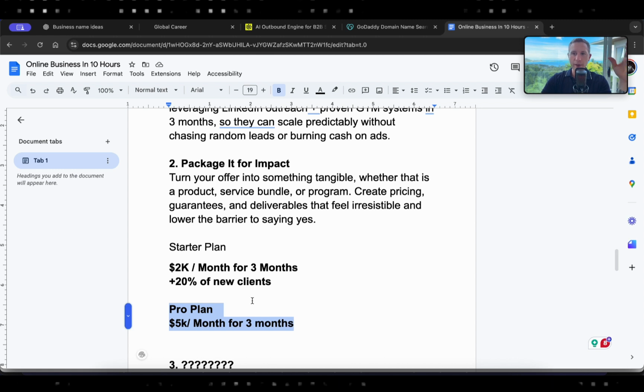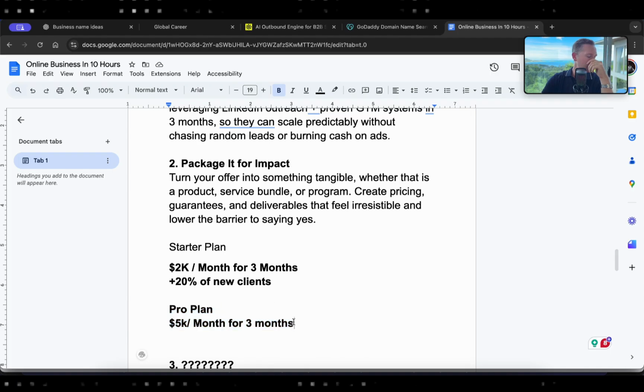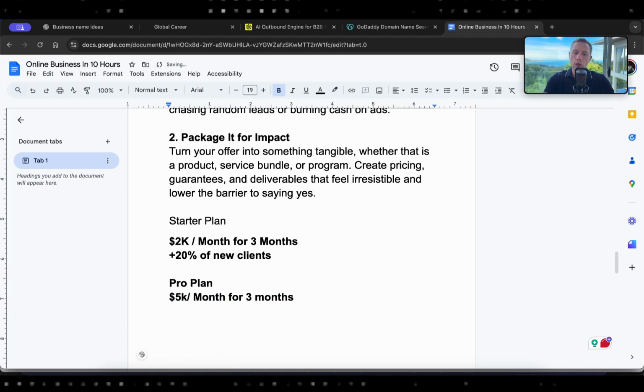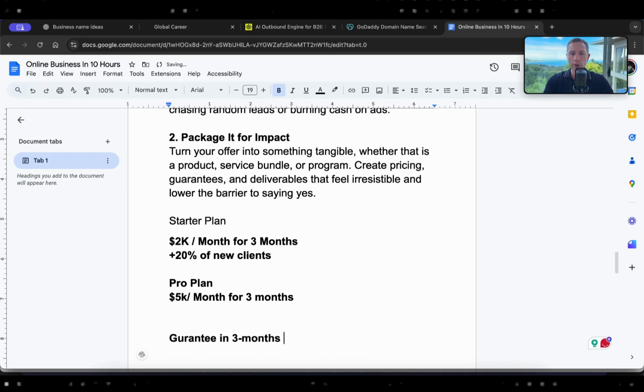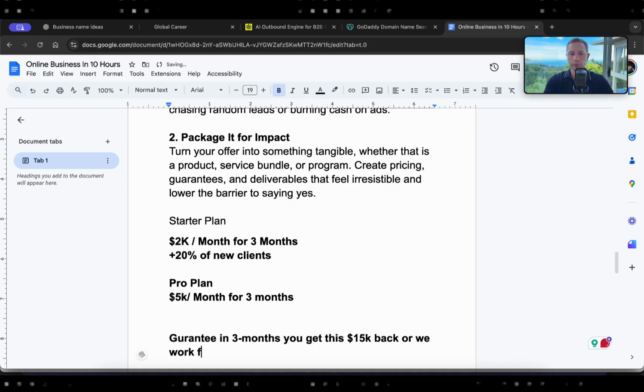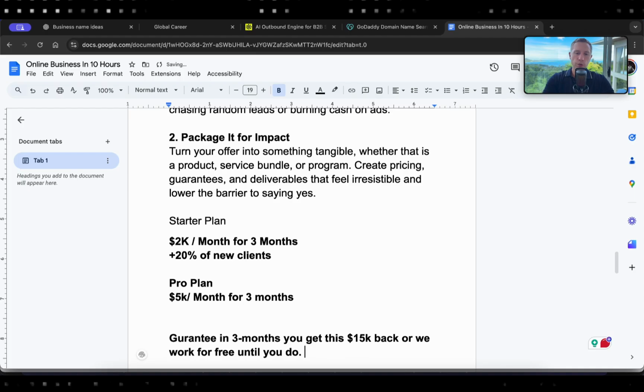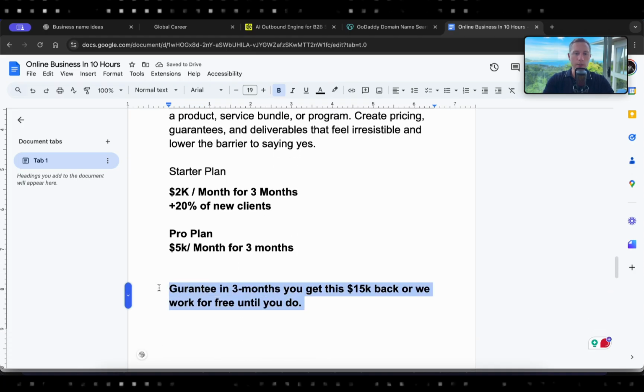Basically, we're going to take 5K. We've got a guarantee in 3 months, you get this investment back. So I like the guarantees like this.